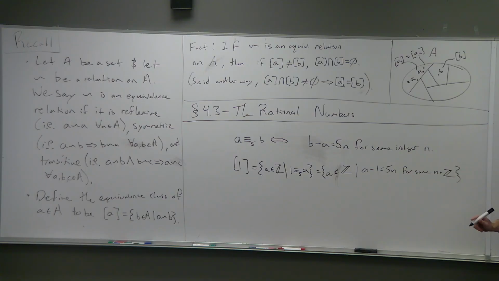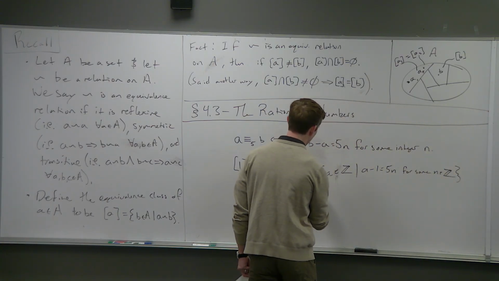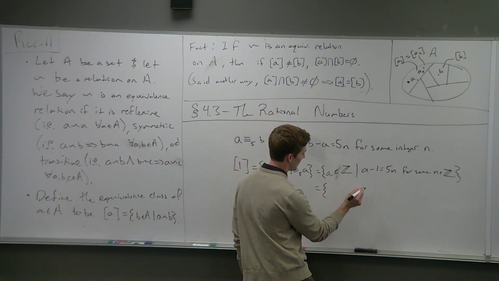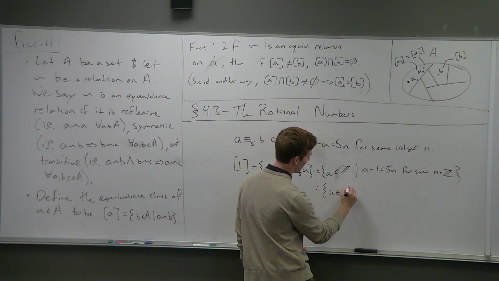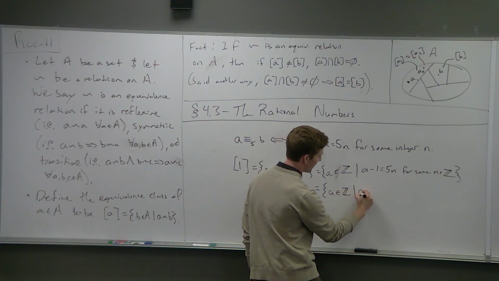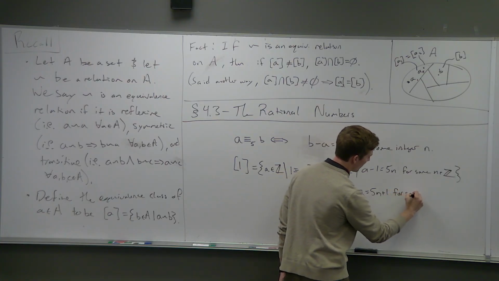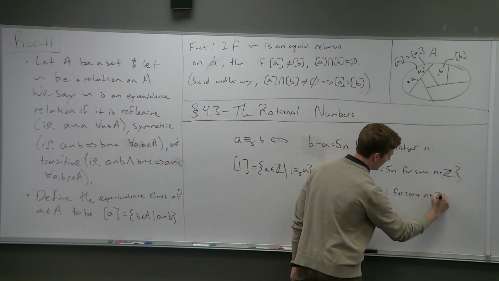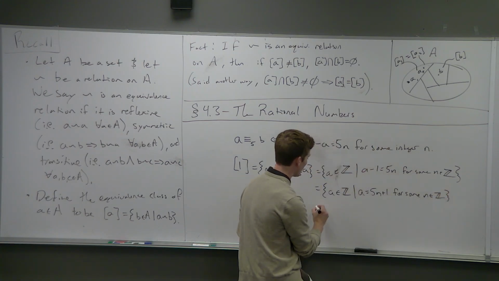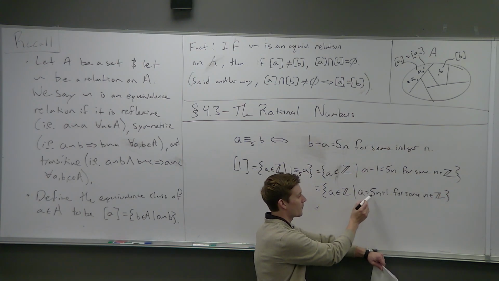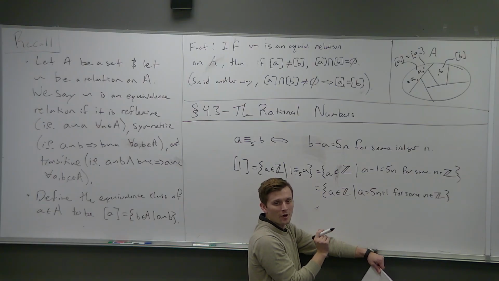What's another way of writing this? This is just the collection of a in the integers such that a is equal to 5n plus 1 for some n in Z. Another way of seeing this is 5n plus 1, where n ranges over all the integers.